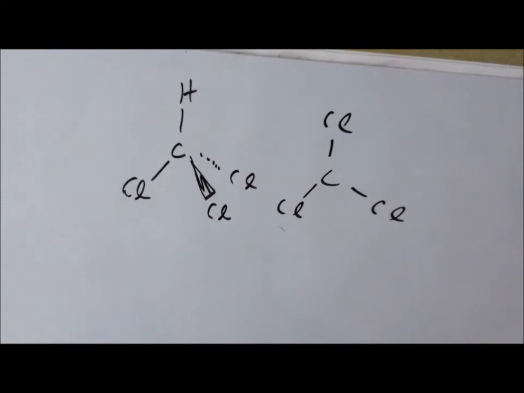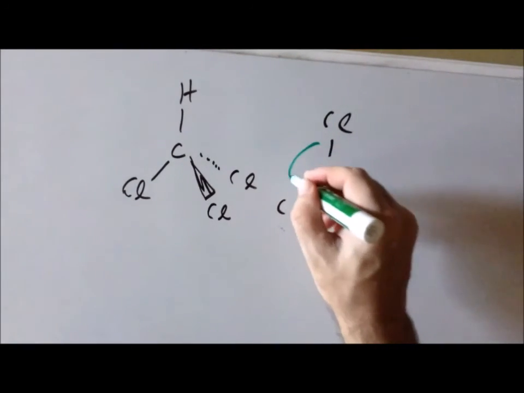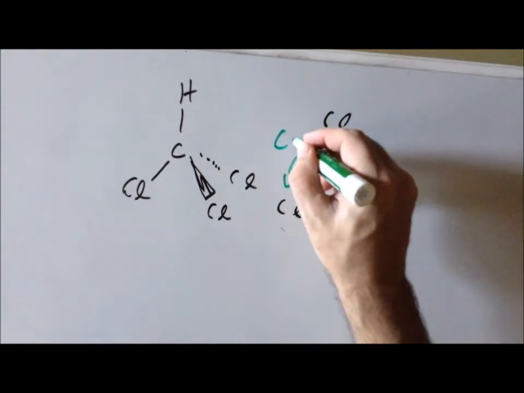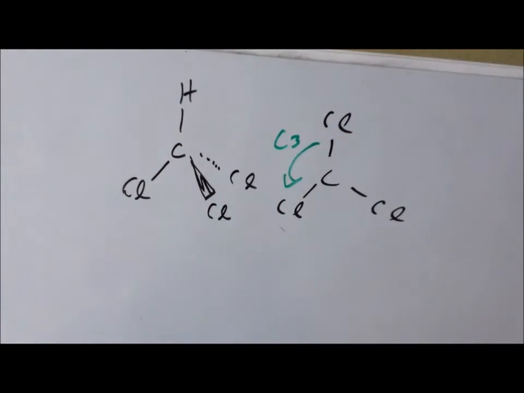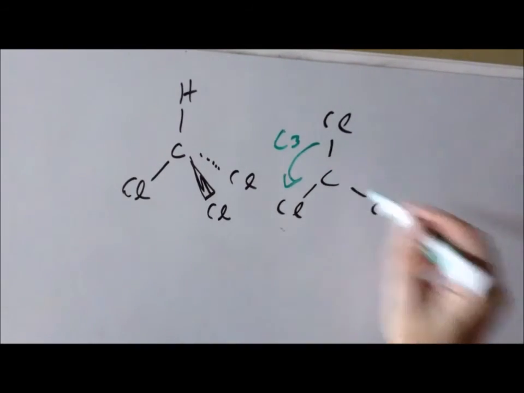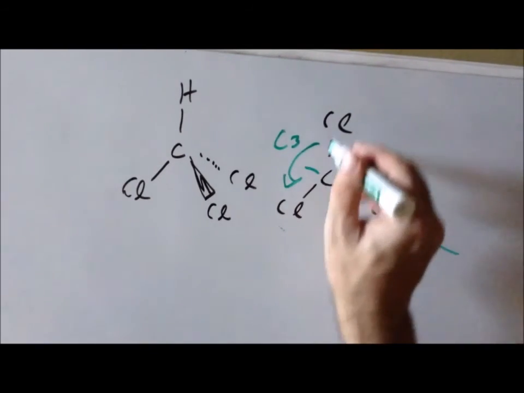Also along the carbon-chlorine bonds, here's one, here's a second one, and here's a third one, we would find vertical mirrors. So just like chloromethane, chloroform has a point group symmetry of C3V.